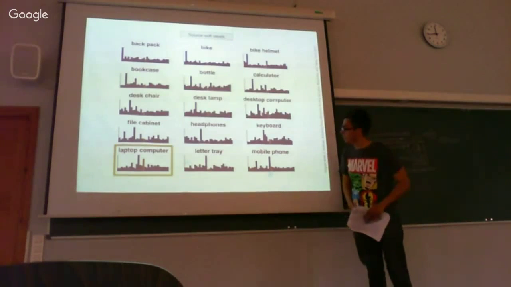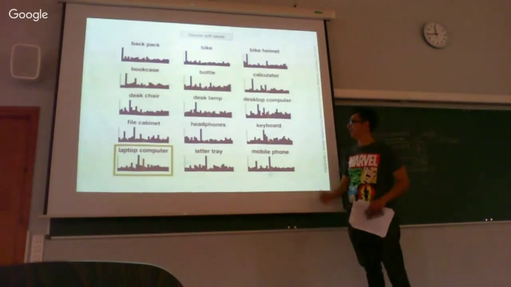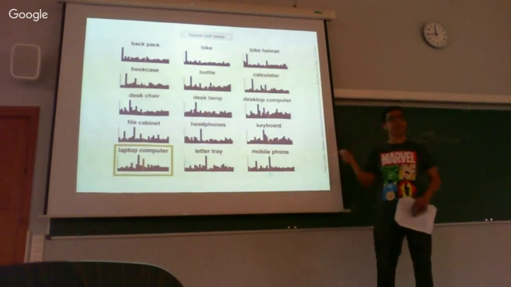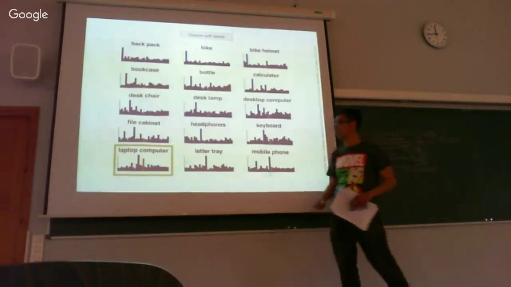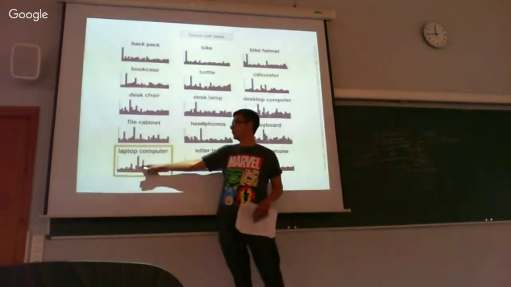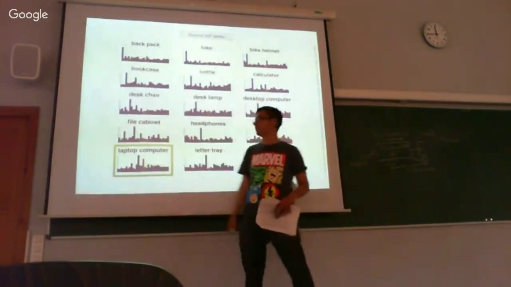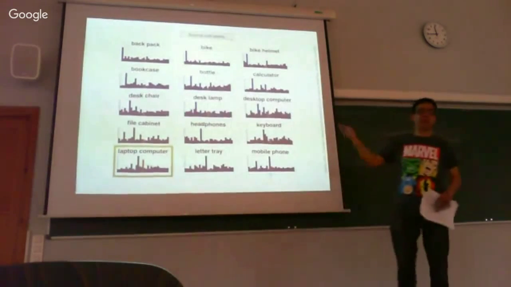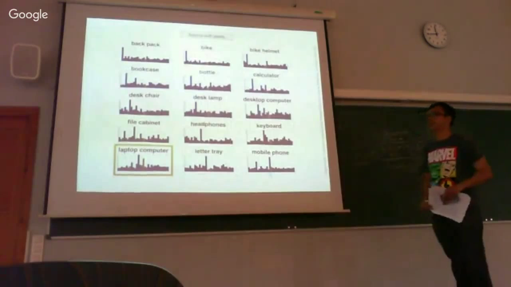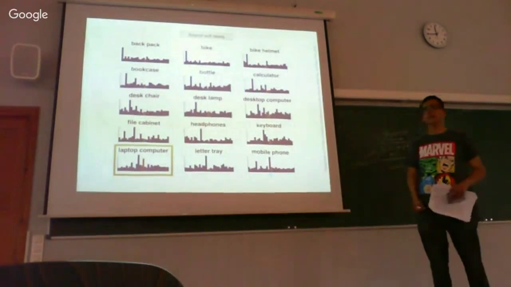I don't know if you can see the red color in this bar. This bar corresponds to the class monitor, and it's really related to the laptop computer. They show the other 14 categories for this experiment.